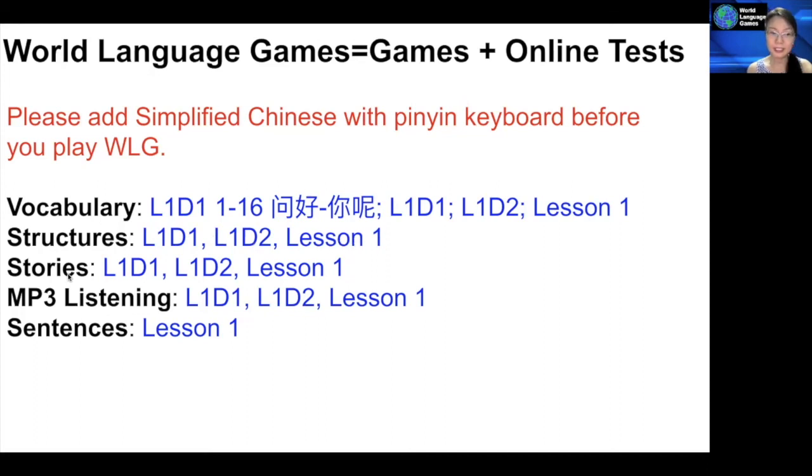For stories, it is also divided by dialogues and lesson. To listen to MP3 and practice your listening skill, same thing. It is divided by dialogues and lesson. To practice sentences, you can only select a lesson, because each lesson has only 8 to 11 sentences for you to practice.